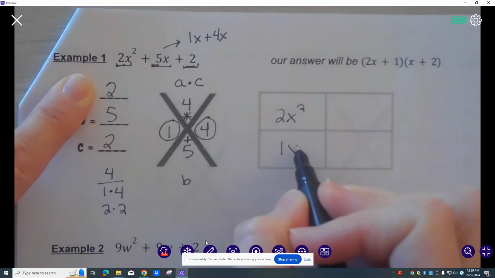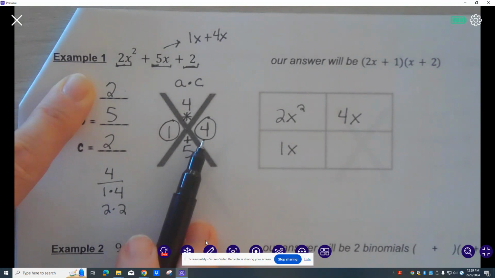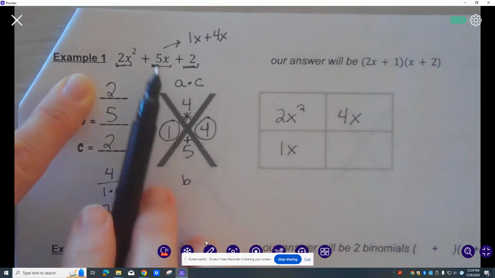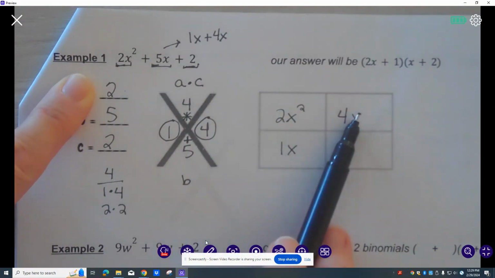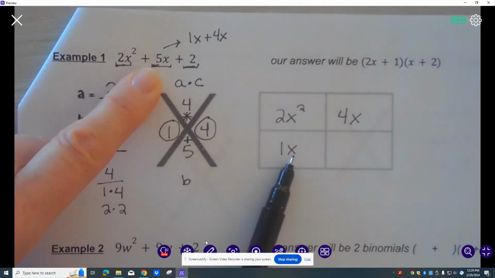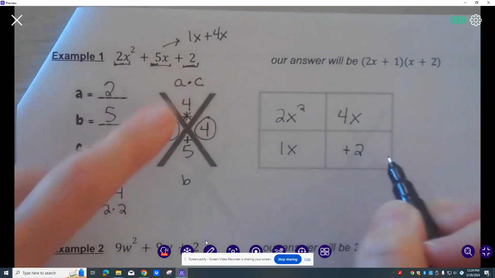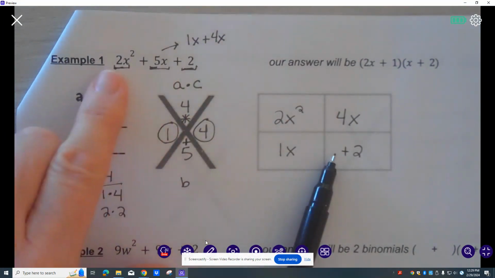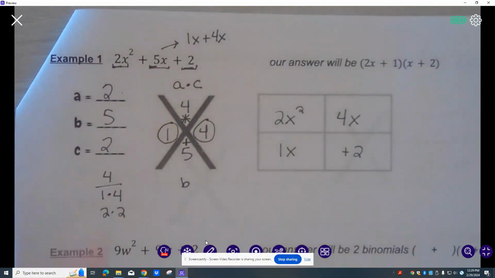So I'm putting this equation in the box, but instead of writing 5x, I'm going to write 1x and 4x. And you can see if I added those, I would get my 5x. And then this bottom box gets a plus 2. So this is my original problem inside the box. The only difference is I split up the 5 into 1 and 4.